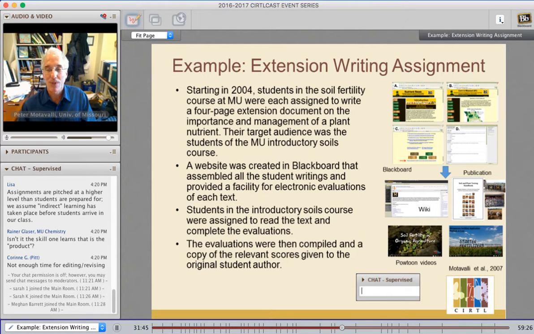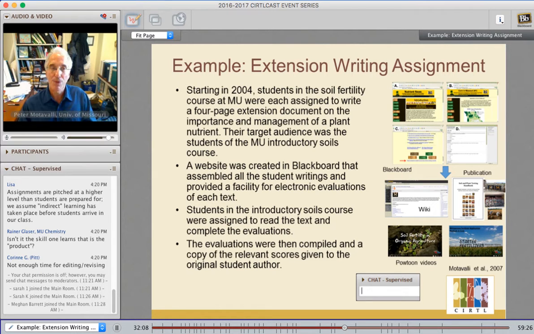So I found that quite interesting. There were also some challenges in terms of getting this all done in time over the course of the semester, and also having the introductory soil students have enough information to be able to evaluate what they were reading.